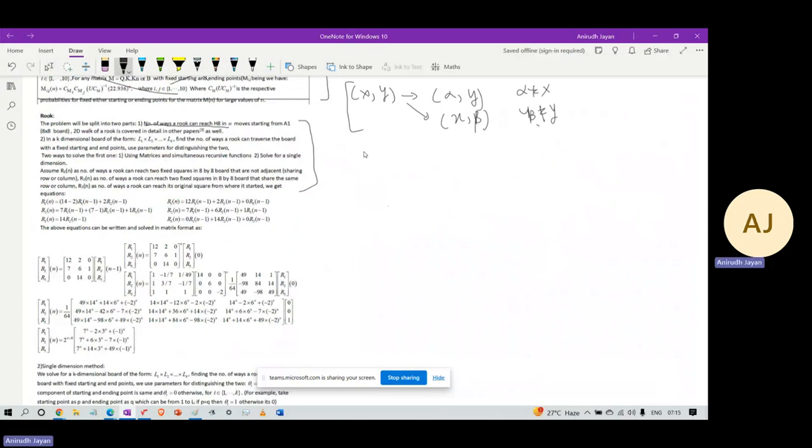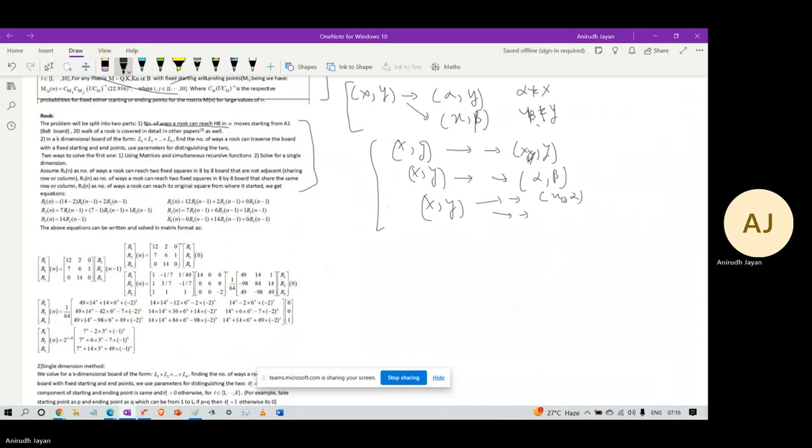Now let us see, any of the three possibilities can happen. Either x comma y remains as x comma y, or x comma y becomes alpha comma beta, or x comma y becomes alpha comma y and x comma beta.